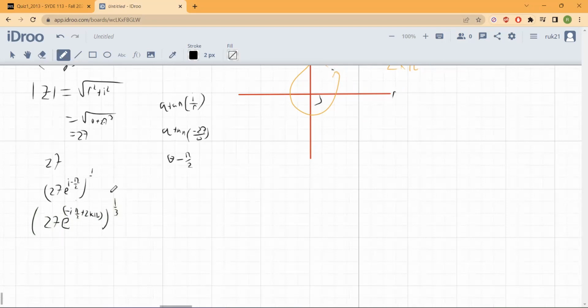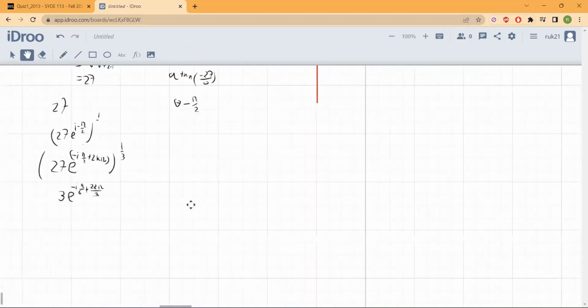Now what I'm going to do is expand. So I'm just going to put 1/3 into here. So the cube root of 27 is going to be 3. So it's 3e to the power of negative i pi over 6 plus 2k pi over 3.